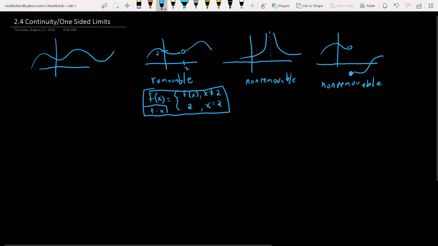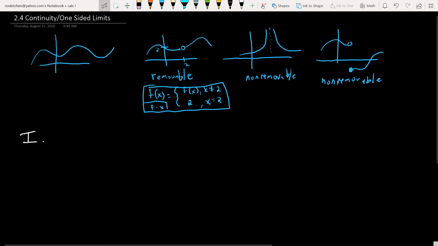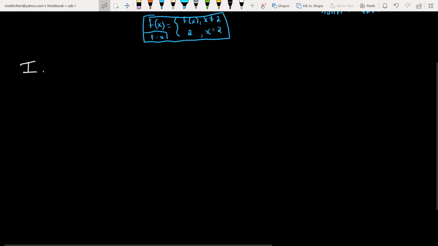Okay, so anyways, let's get into the actual notes here and talk about continuity. These are usually introduced as continuity at a point, right? So they have this point-wise definition, continuity at a point.